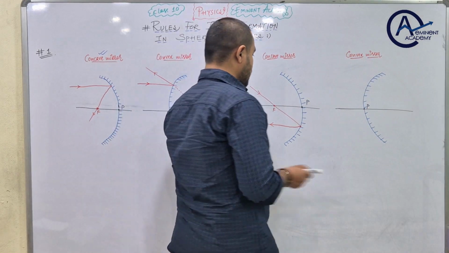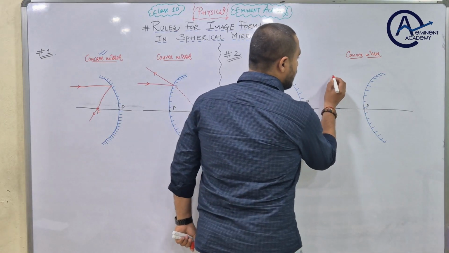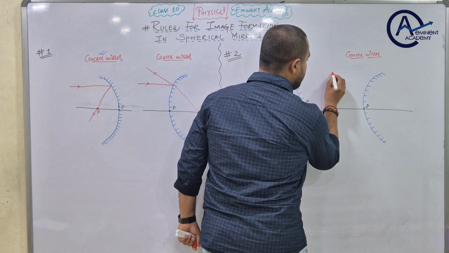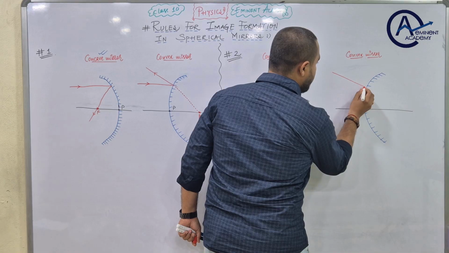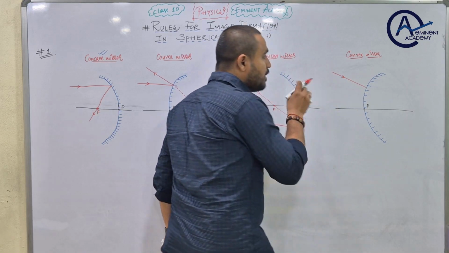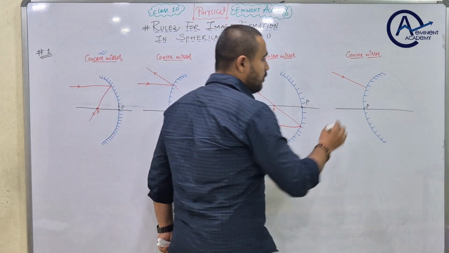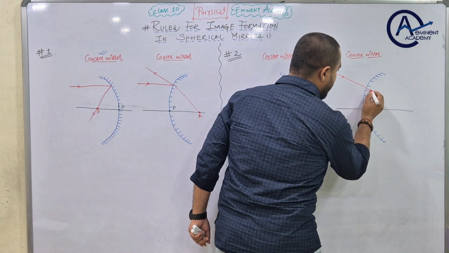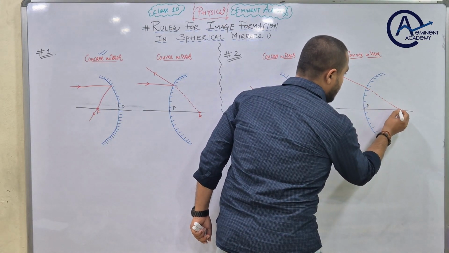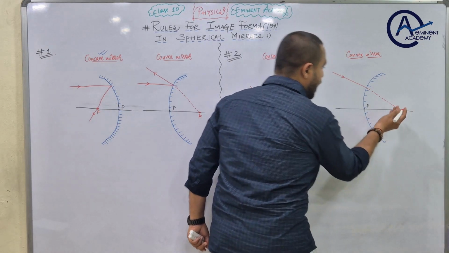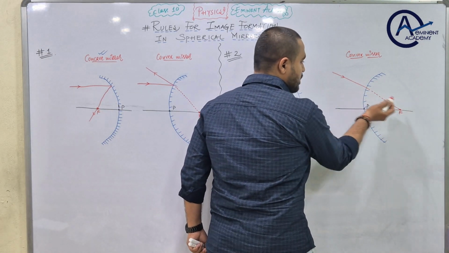Right, now let us discuss second rule in case of convex mirror. See, what is the case in convex mirror? The ray of light is incident, या तो we can say appears to be incident, या तो appears to diverge from principal focus. यानी कि if we trace it on the back side of the mirror, it appears that it is diverging from the principal focus.